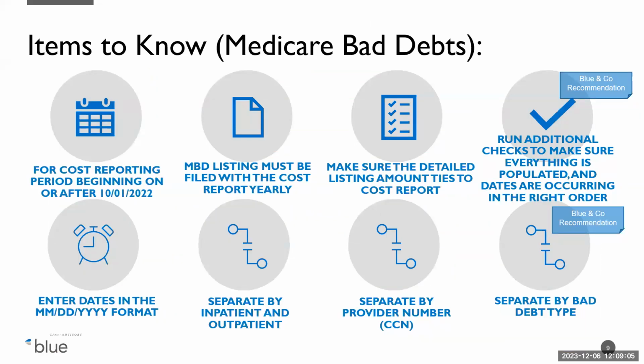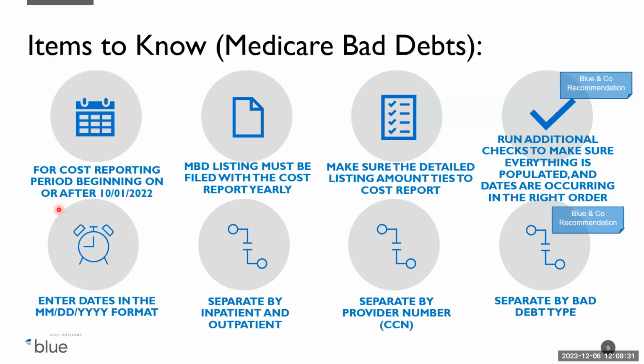So just at a high level, some items to know. The template is required for cost reports beginning 10/1/2022 and after. So if your fiscal year end was 9/30/2023, you do have to file with this new template. So at this point, everybody should be preparing their logs for the next fiscal year.